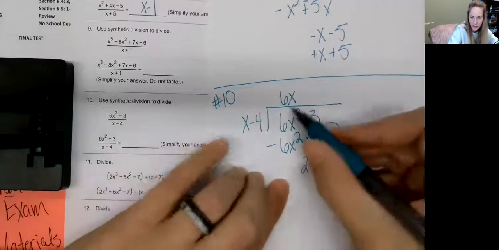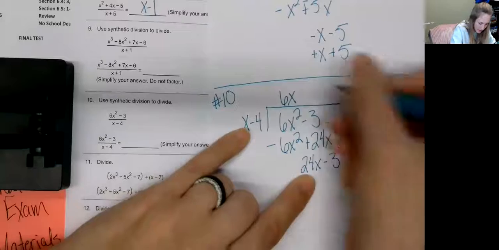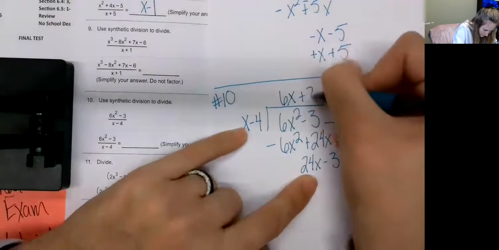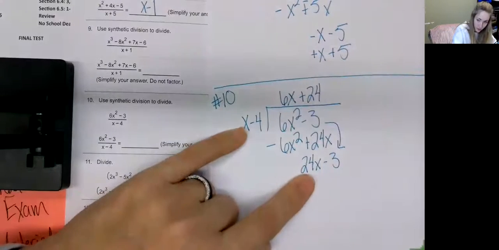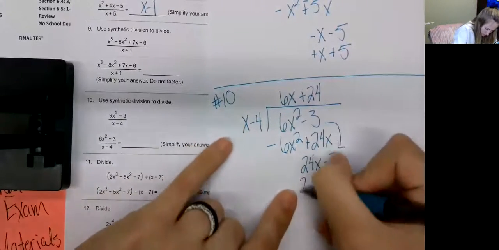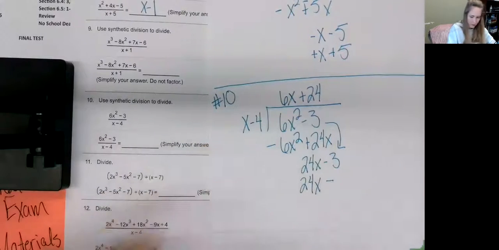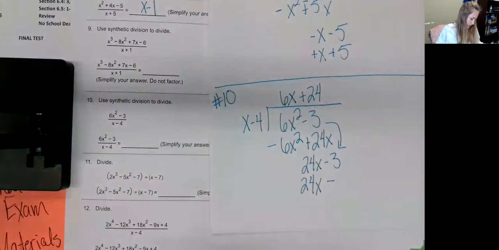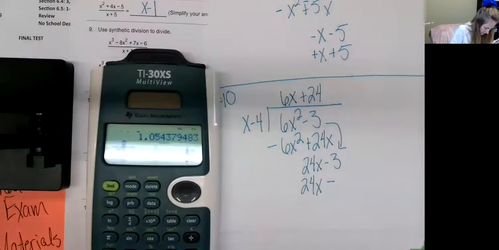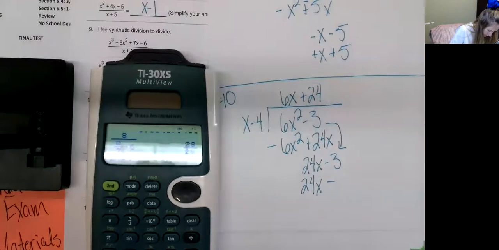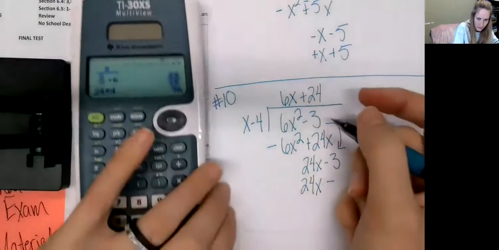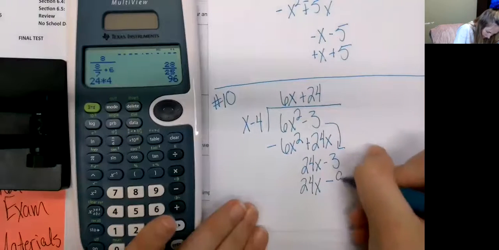And then I need my leading terms to be the same, so I'm going to add 24. So I'd have 24x subtract, what's 24 times 4? 96. So we have 96 there.